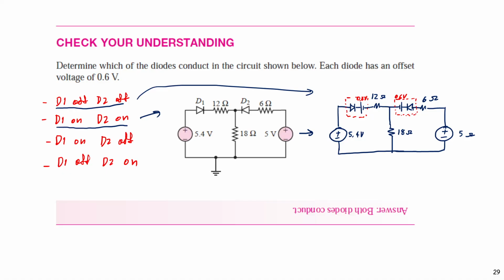So in this case, we need to check four conditions. I leave this for you as a check of your understanding. The answer is both diodes conduct. Okay, finally, we get both diodes conducting for this circuit.